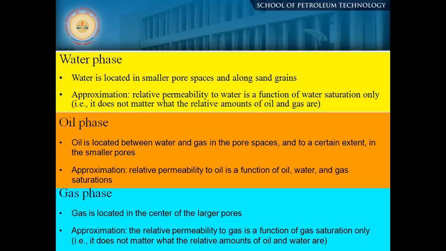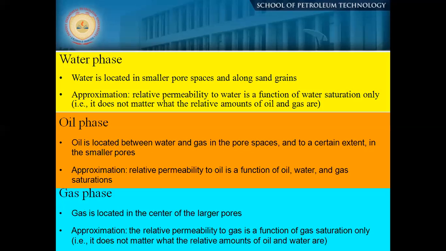Oil is located between water and gas, because gas is the non-wetting phase. That's why it will always occupy the central position of the pores. If it is water-wet, water will occupy the grain surfaces, so oil will occupy in between.